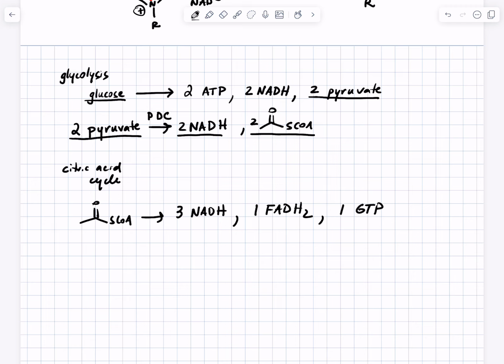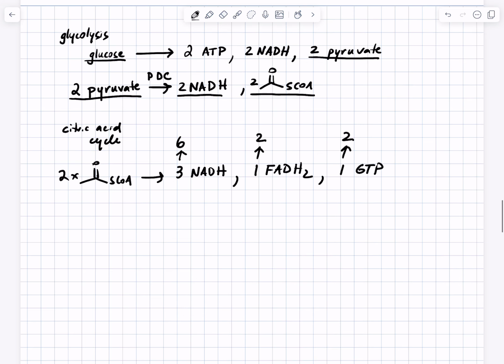And to keep things balanced, we had 2 acetyl-CoA, so it should actually be 6 NADHs, 2 FADH2s, and 2 GTPs. All right, so let's tally everything up. Glucose leads to all the way through the citric acid cycle. Oh, and I should say at the end, we're going to get 2 CO2s here and 4 CO2s here.